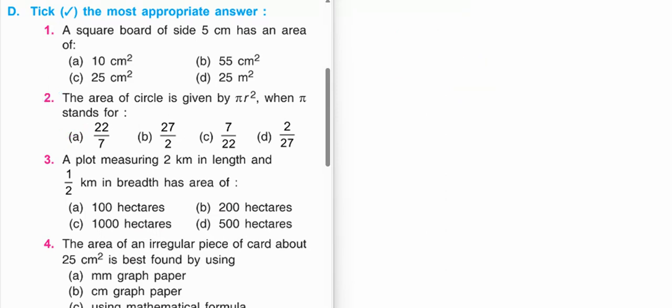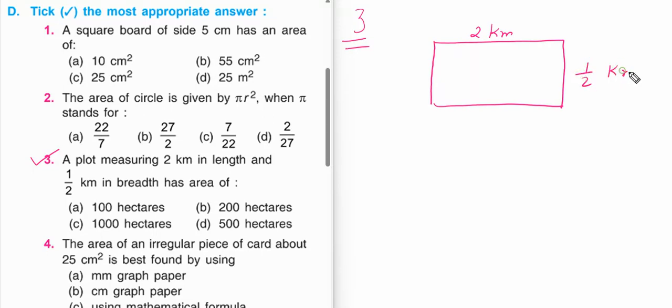Now we are solving question number 3. A plot measuring 2 kilometer length. We need to make a rectangle. Length is 2 kilometer and breadth is half kilometer. Its area equals length into breadth.